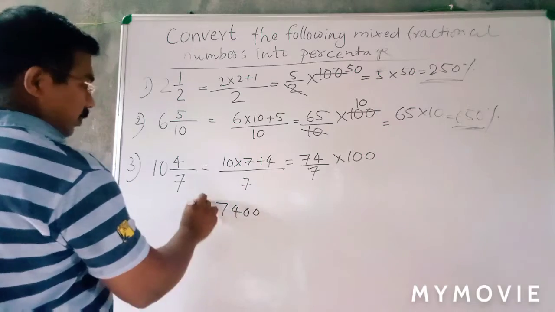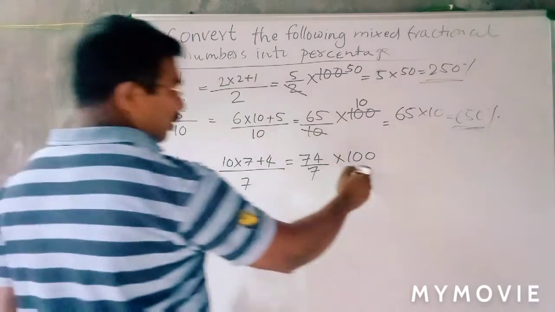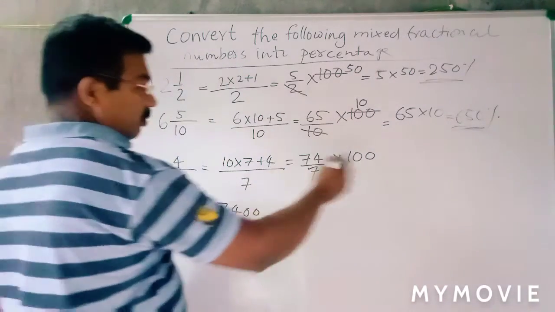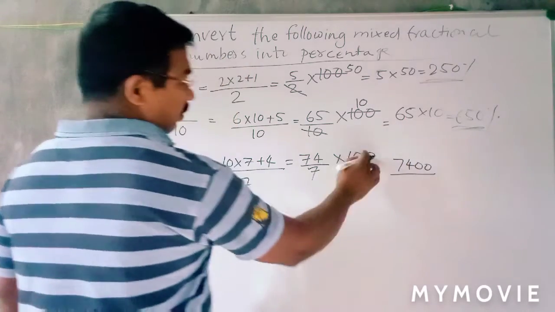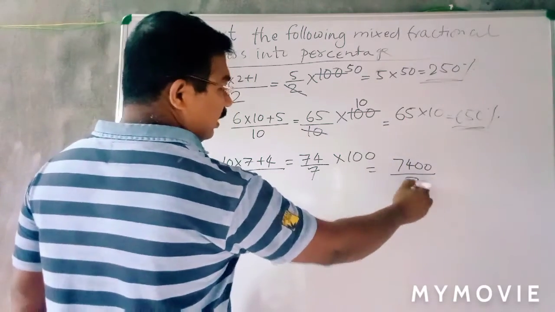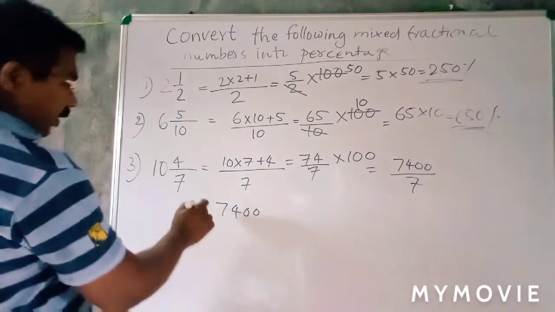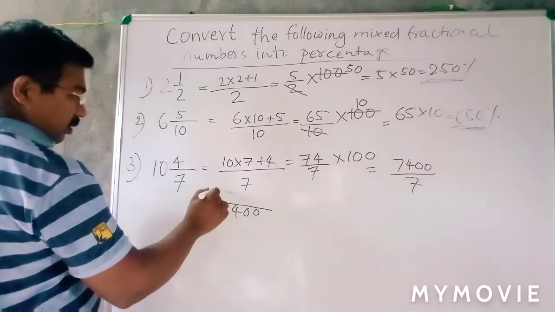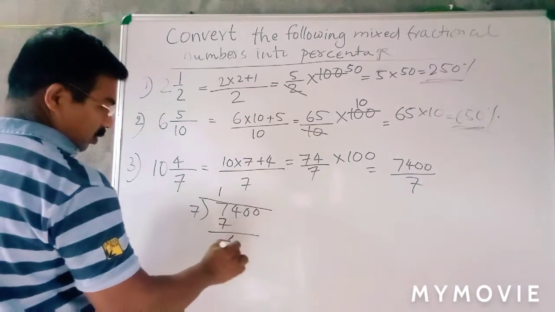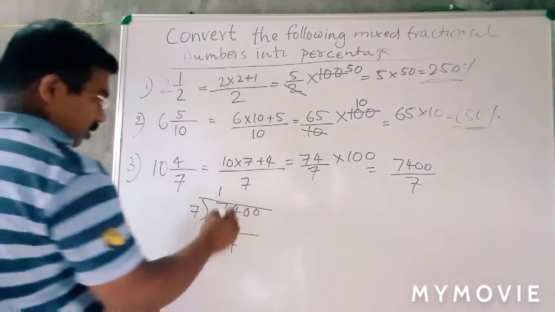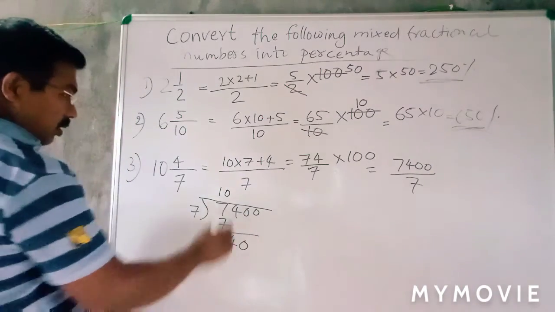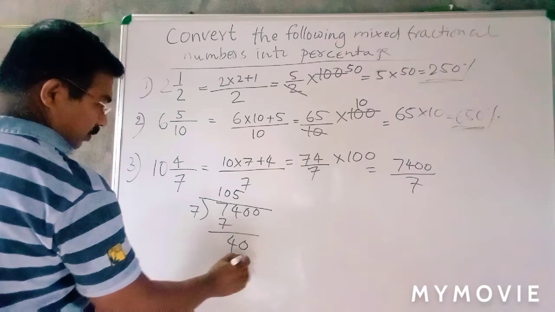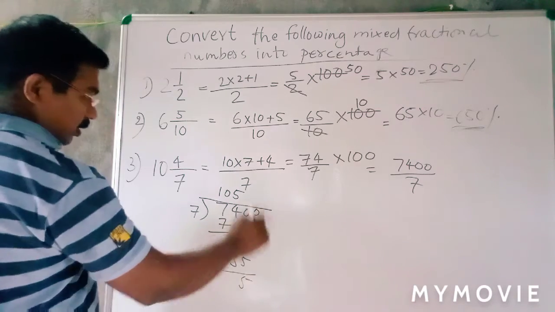Now 7400 divided by 7. We cannot divide any numbers here by each other, so 7400 divided by 7. Now we divide this number with 7. We get 1, 7 here, 4. Now we write 0 here, 1 more here, 35. 5 is here, 50.